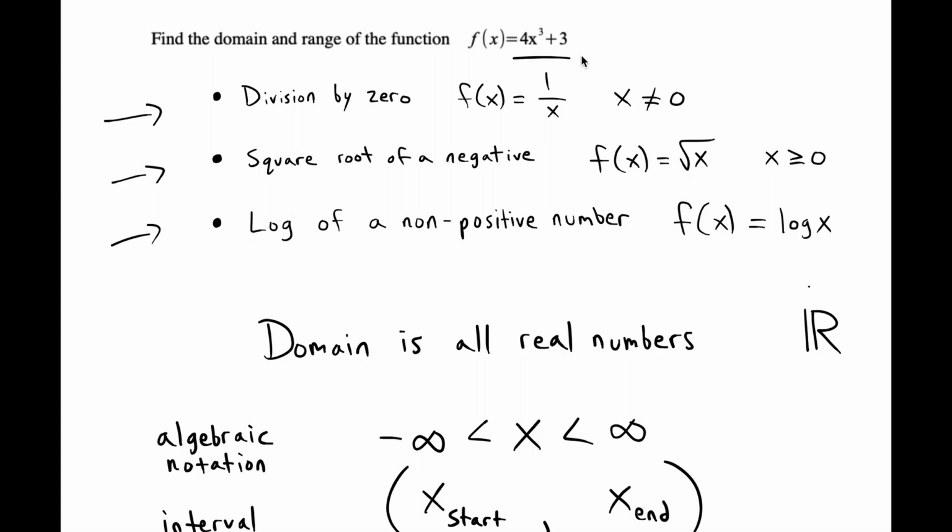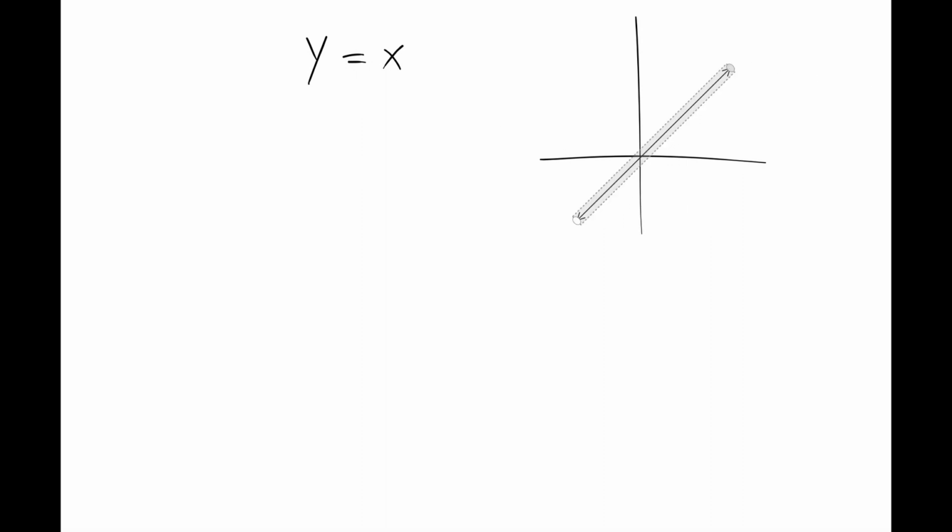Now this problem also asked for the range of the function. So certain functions are called common functions because they're commonly seen in math problems. And so one of these common functions would be y equals x. All it is just a slanted line that looks like this.